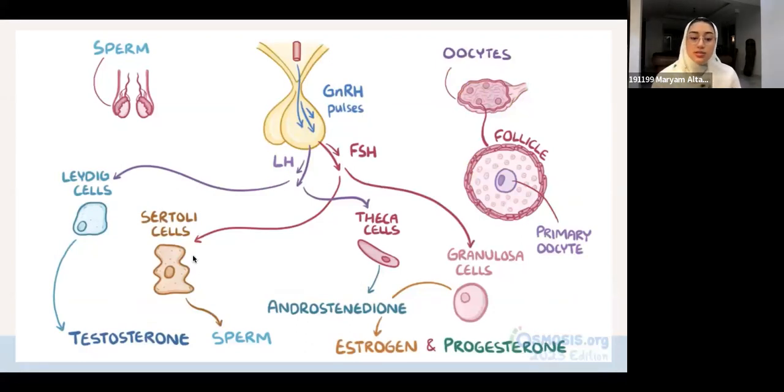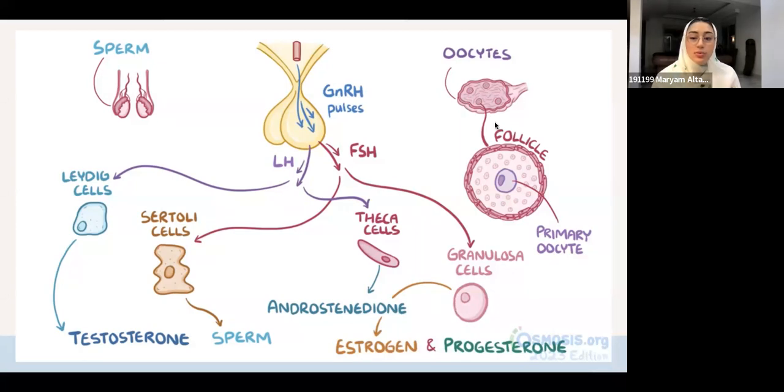FSH stimulates Sertoli cells, which nourish our sperm, and our granulosa cells in females, which lead to the production of estrogen and progesterone. LH, remember L for Leydig, so that stimulates our Leydig cells to produce testosterone, and our theca cells to produce androstenedione that is then converted to estrogen by our aromatase in the granulosa cells.